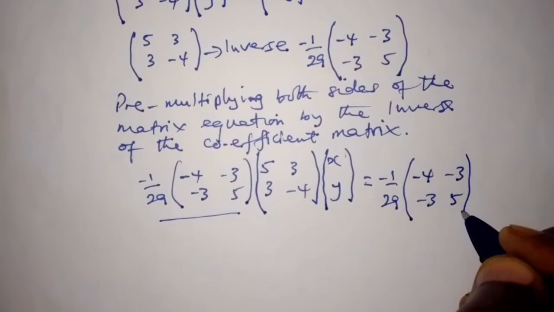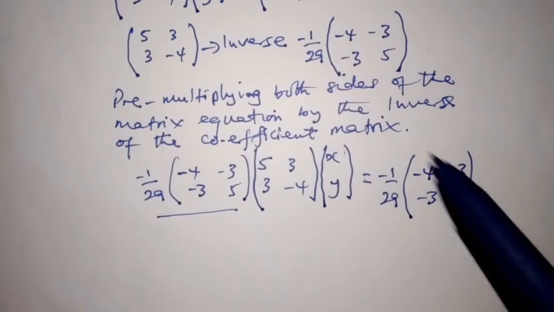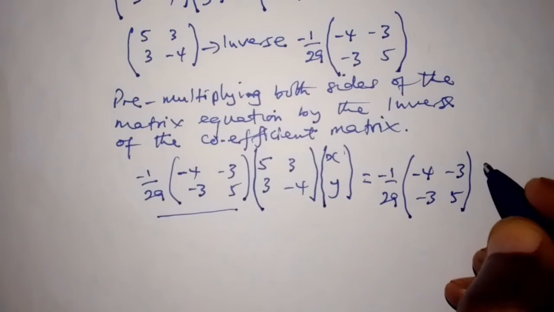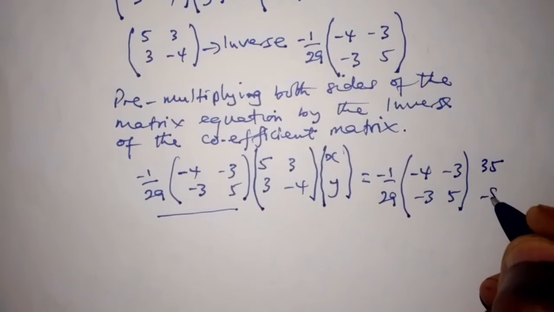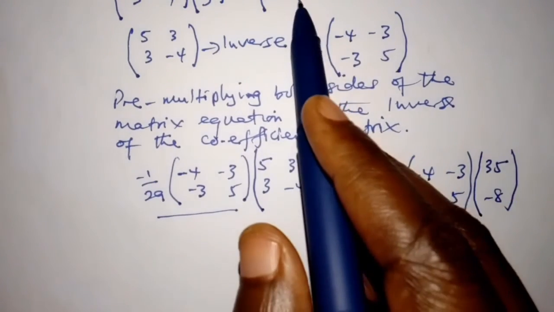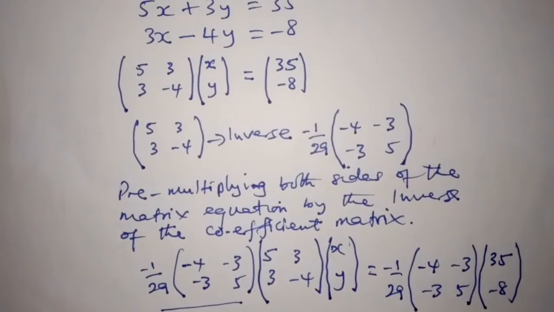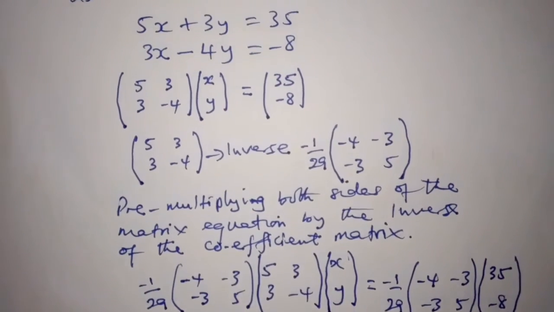So that is we multiply by 35, negative 8.